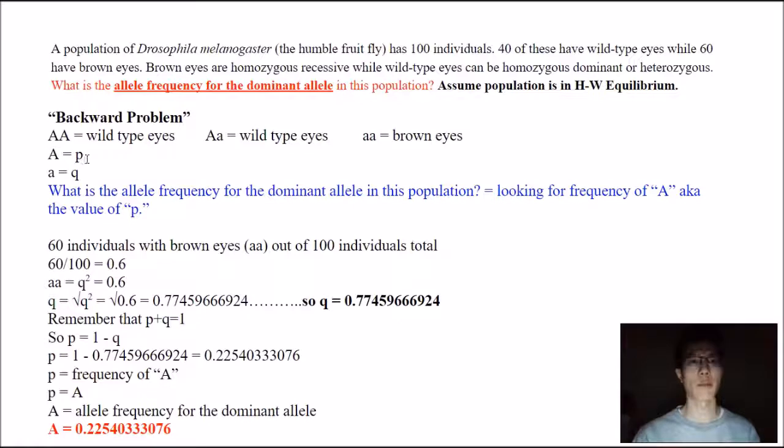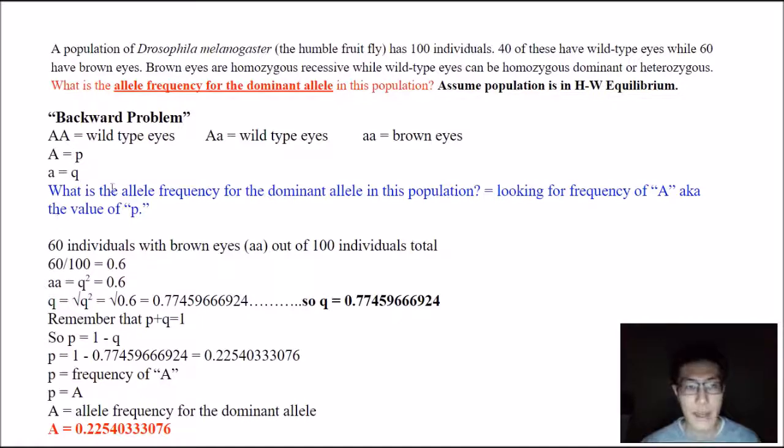So big A is equal to P, and little a is equal to Q, and you can use these values however you'd like. Again, the nomenclature can be a little bit arbitrary, but just for the sake of it, let's associate the dominant allele with p, and the recessive allele with q to keep things straightforward. Although, again, this is somewhat arbitrary depending on how you approach the problem.